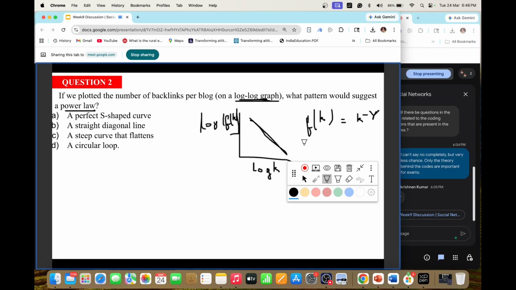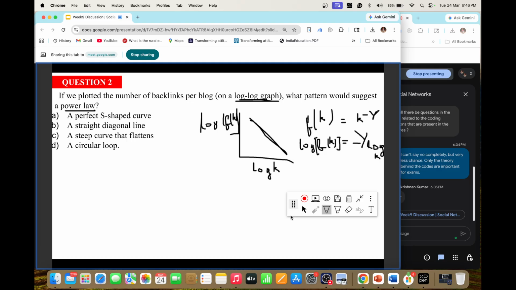So when we take the log of this and log of this, log of fk will be equal to minus gamma log of k.